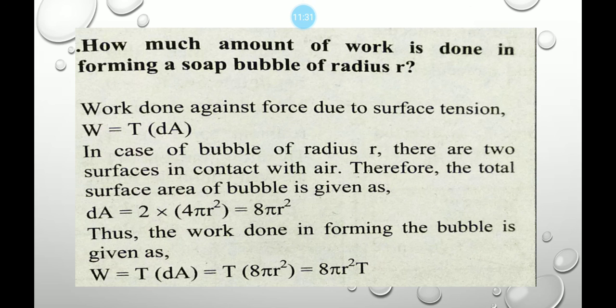Therefore, the total surface area of the bubble is given by dA is equal to 2 into 4 pi r square, equal to 8 pi r square. Thus, the work done in forming the bubble is W is equal to T into dA, equal to T into 8 pi r square, equal to 8 pi r square T.